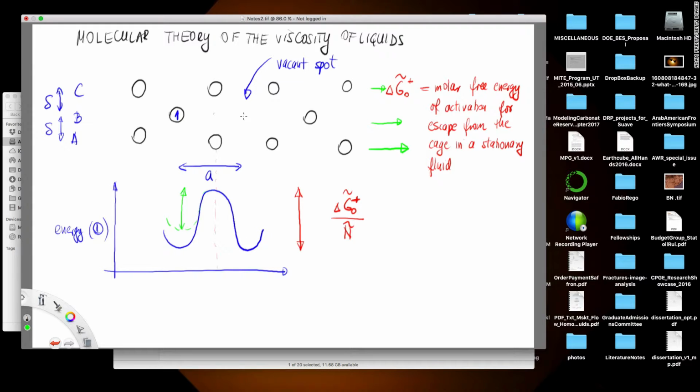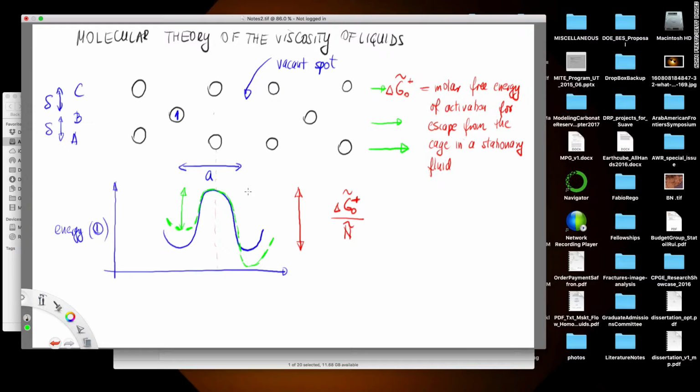Whereas if I actually wanted to go upstream, so technically if I wanted to go from this spot to this, if this one was the vacant one and this one was the occupied one, it'll take me more energy, okay? So I'm gonna present that as this. So basically, if this would be my energy levels, again, these energy levels are to be looked at through differences in energy, not necessarily in the absolute sense.